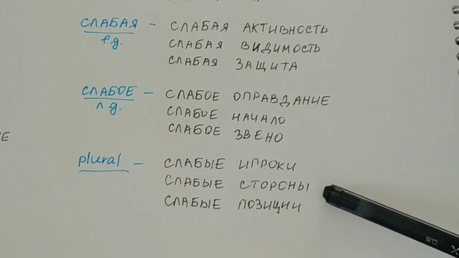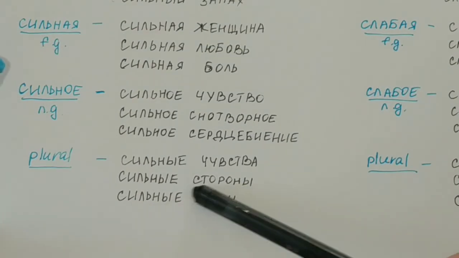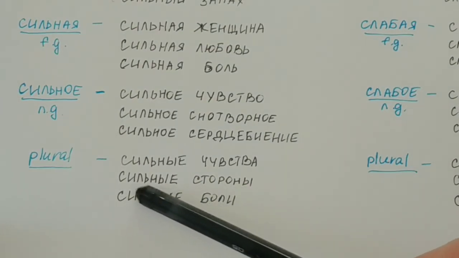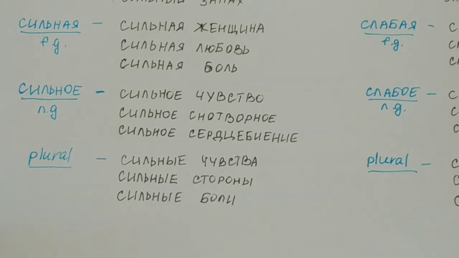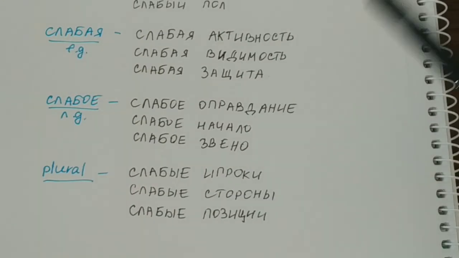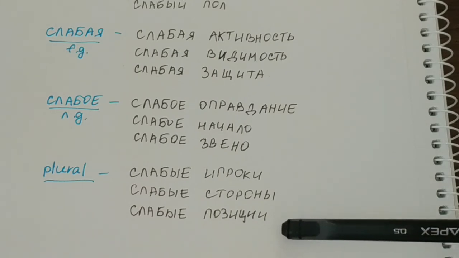So the whole phrase слабые стороны means weak points or sides, just like we used with the strong adjective сильные. We said сильные стороны, strong points or sides, and here we have the opposite, which is слабые стороны, weak points or weak sides.